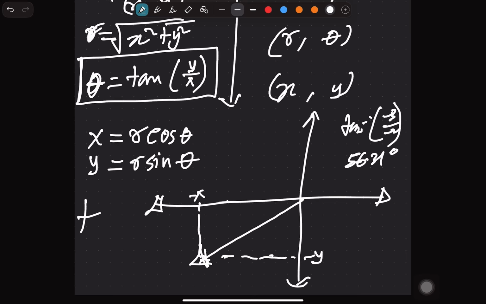Now 56.31 degrees, this is this theta. But the angle we are looking for is the angle from this x-axis all the way to here. Obviously it's very big, bigger than 56 degrees, a bit greater than 180 degrees.